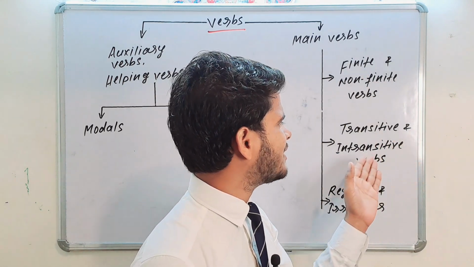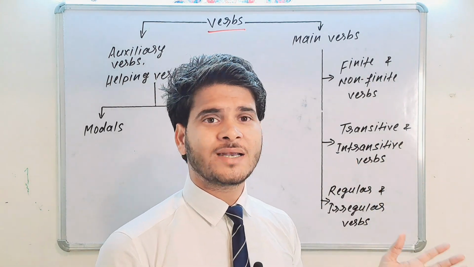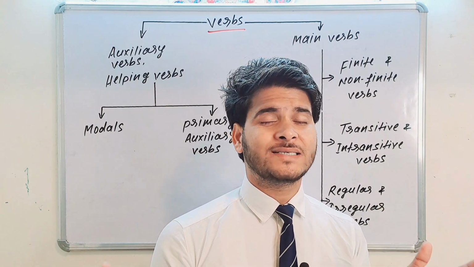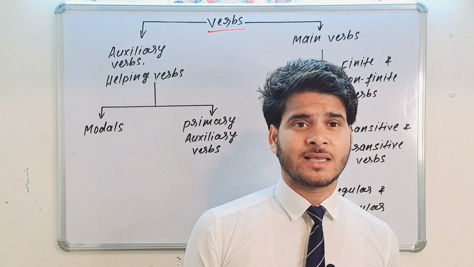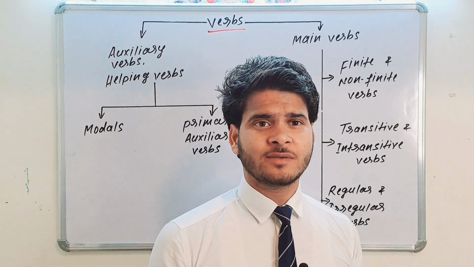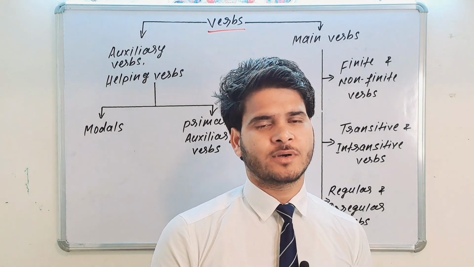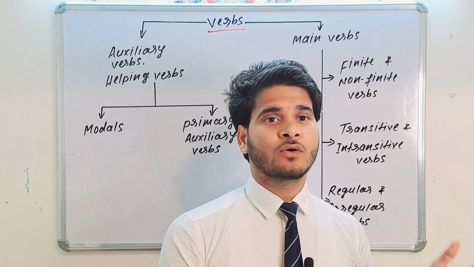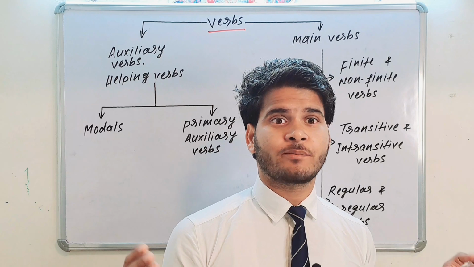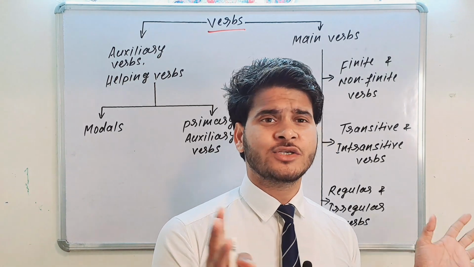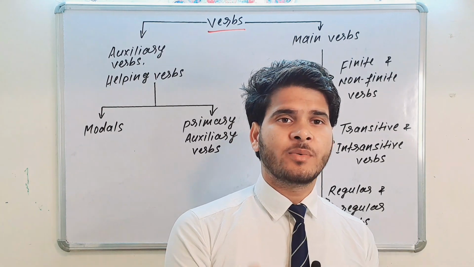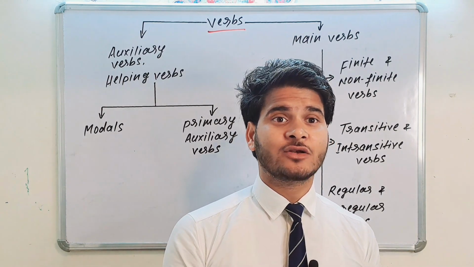Second one, transitive and intransitive. What is transitive? Verbs which require a direct object to make sense. That is transitive verbs. And intransitive verbs are the opposite of transitive verbs: verbs which do not require a direct object to make sense. Transitive verbs always take a direct object.